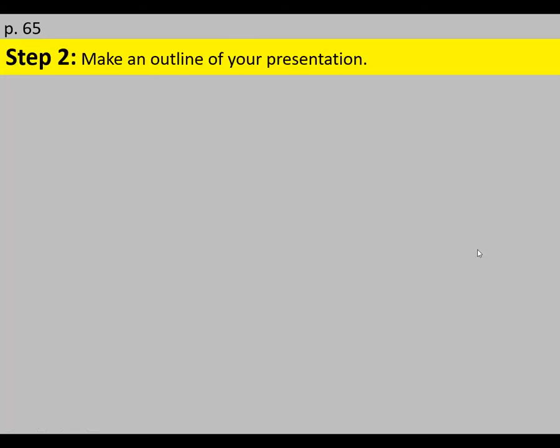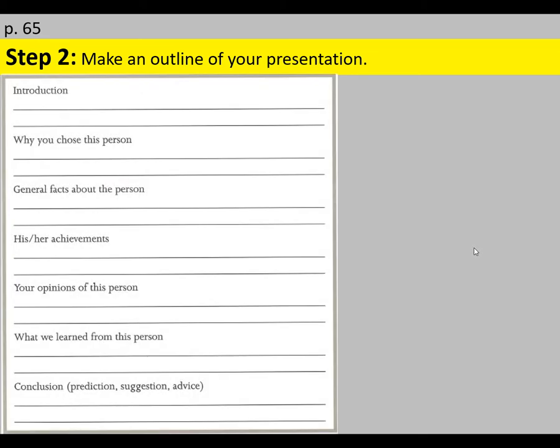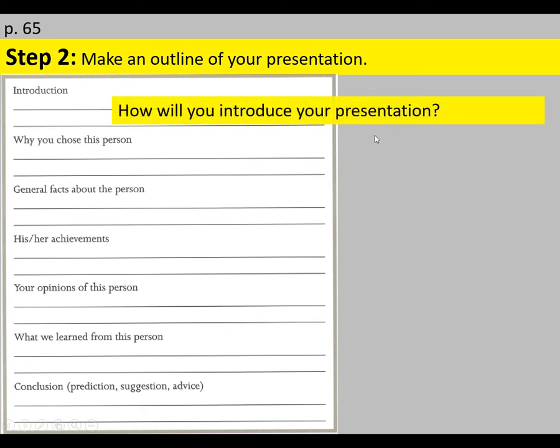Step 2 is to make an outline of your presentation. When you are doing this, you can refer to page 65. You will see this note paper. You should think about how you will introduce your presentation.